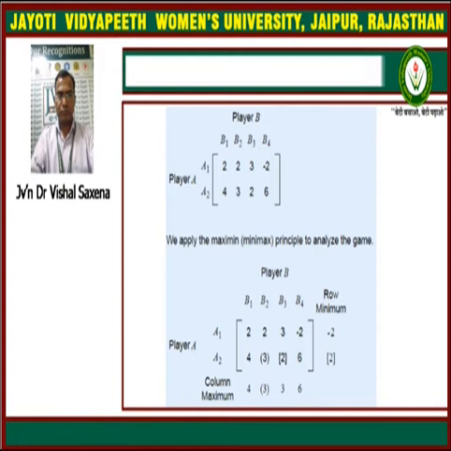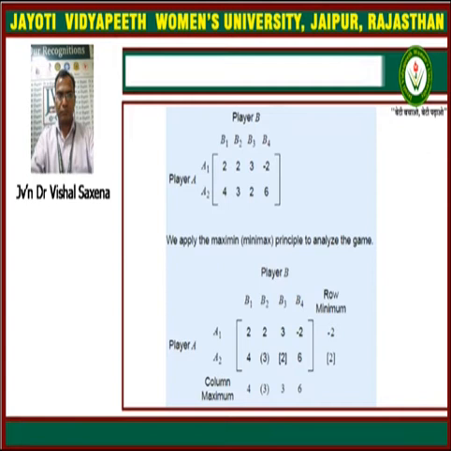So the game is written first, and now we have to find the maximin and the minimax values, and for this we have to find the row minimum values and the column maximum values of this payoff matrix. The row minimum values are -2 and +2.